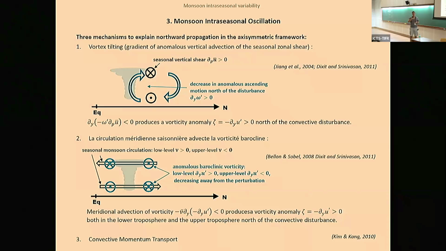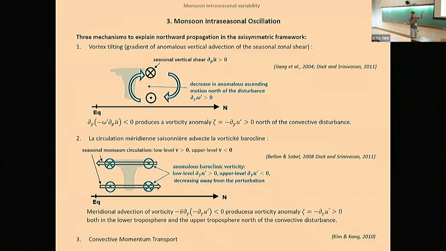It's going to destroy vorticity or advect away vorticity on the south. So those two are just really dynamical interactions between the mean flow and the anomalous intraseasonal flow.